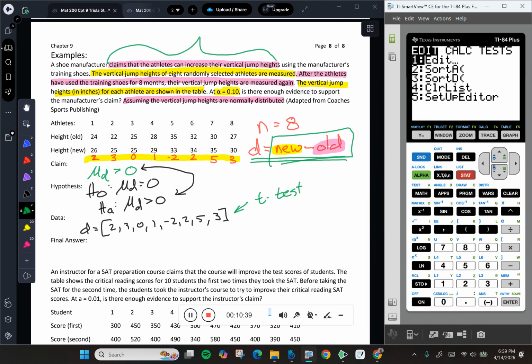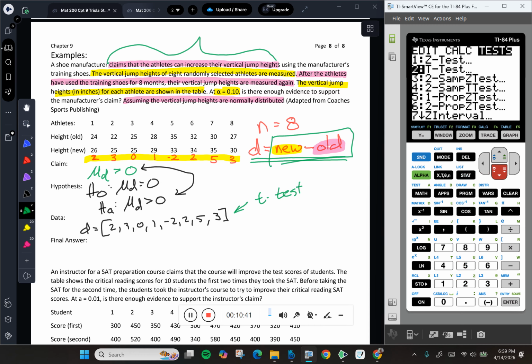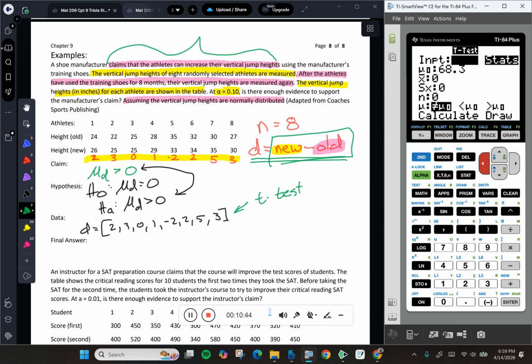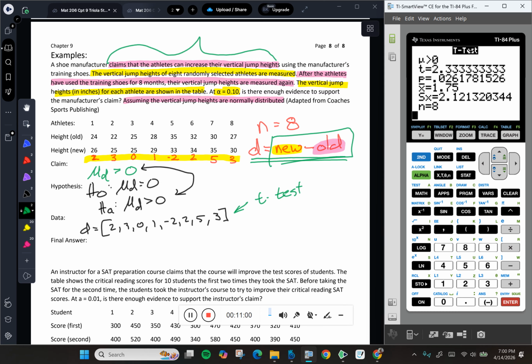Now we'll go back to stat, over to test, run that t-test. I'm running a t-test on data. The equality statement from the null hypothesis is that it should be equal to 0. My data is in list 1, my frequency is 1. My alternate is that it's greater than 0, and I'll calculate.